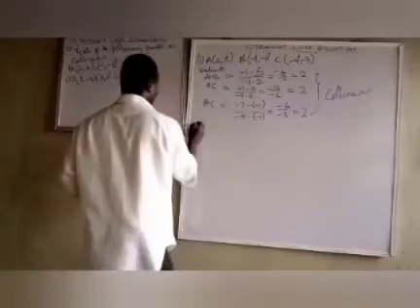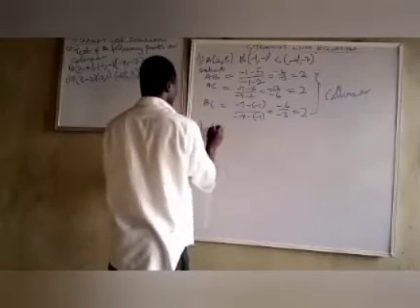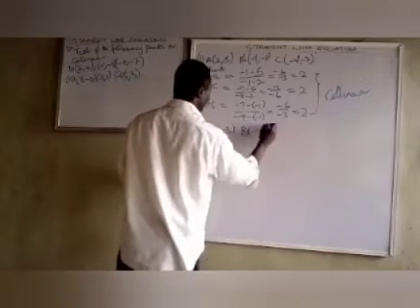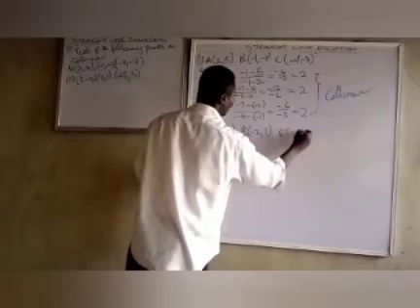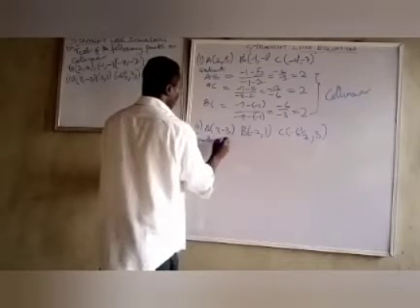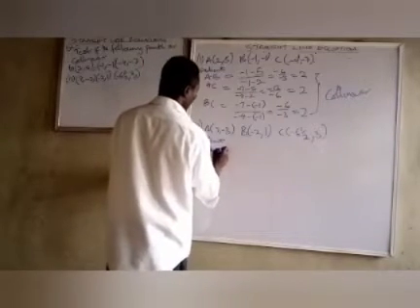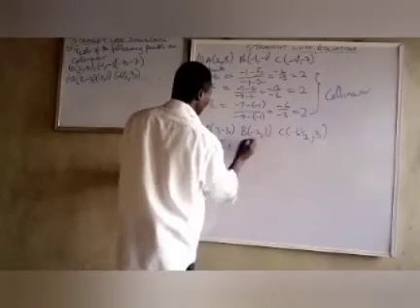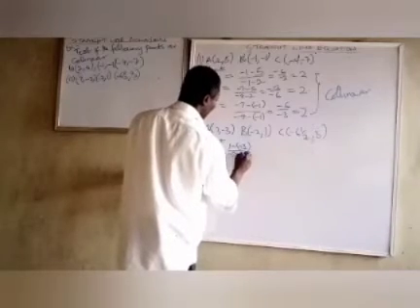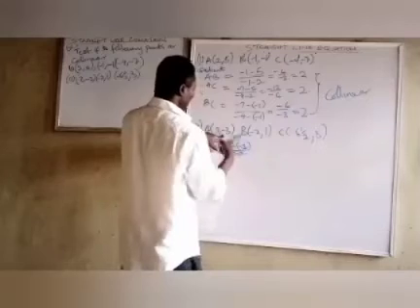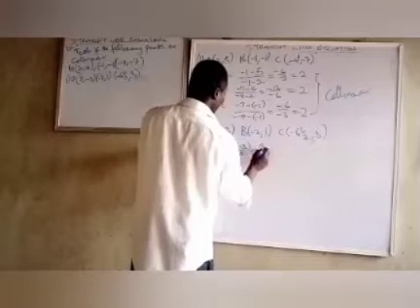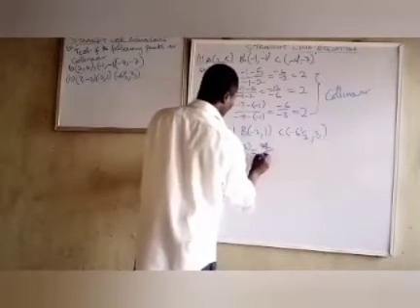Let's check for the second one. We have points A as 7, minus 3, B, minus 2, 1, C, minus 6 and half, and 3. So let's check for the gradients of AB. Will be 1 minus 3 over minus 2 minus 7. So this one is 4 over minus 9.